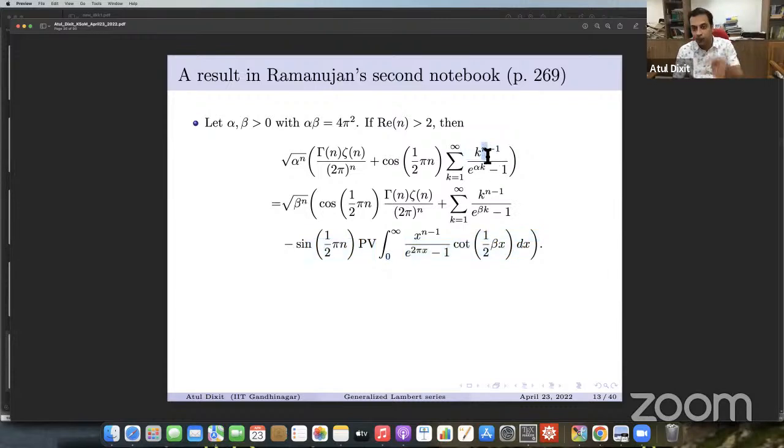Say n is 4, then k cube over e raised to alpha k minus 1 or so on. So when n is an even integer, let's say n is equal to 2 times L. This thing is 1, this thing is 1, this thing is 0, this completely vanishes, and you get the transformation for Eisenstein series. So here also Ramanujan was trying to transform this into itself with alpha replaced by beta, of course, as much as possible. And then what is left is this principal value integral, or in Guinand's case, there is some complex integral.